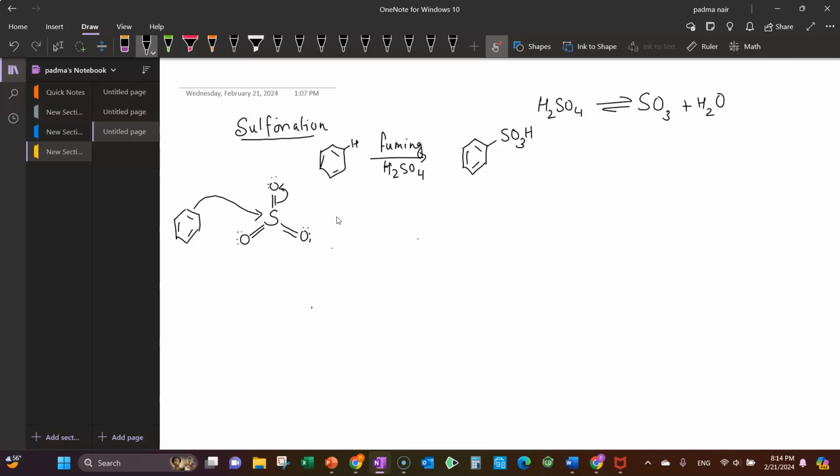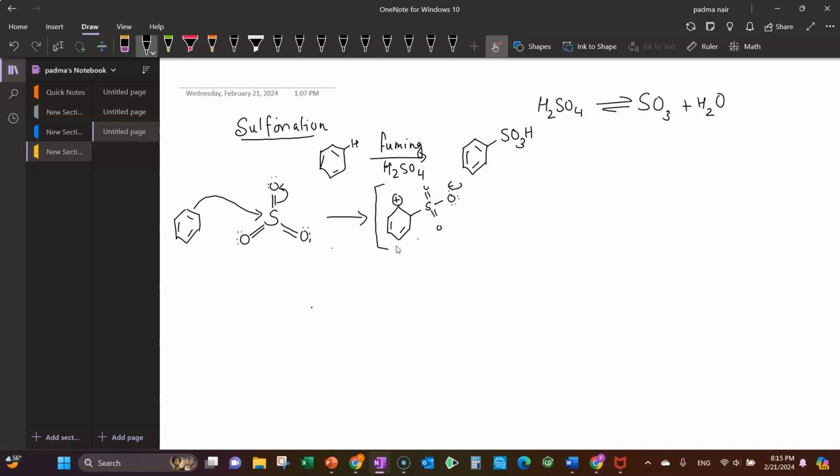So what we get is a benzenium or sigma complex. Now we have a sigma complex, as we saw in the previous reactions of nitration and halogenation. Now we have an oxygen atom with a negative charge, and this benzene ring now gets a positive charge.